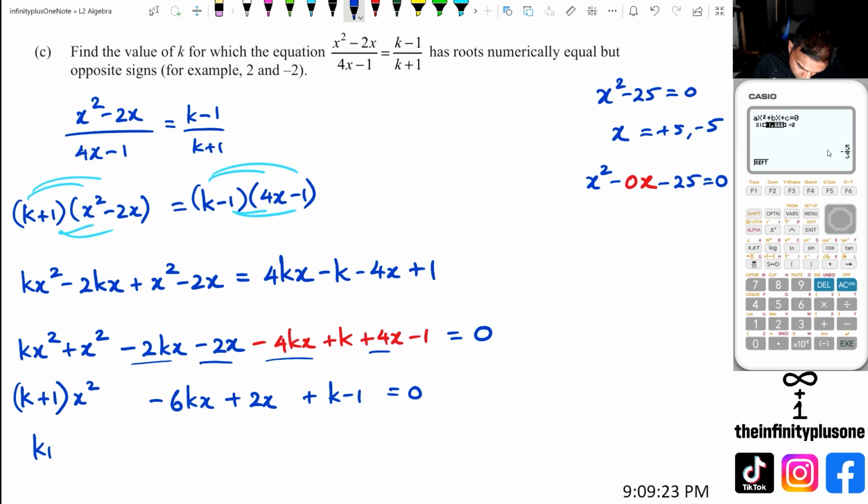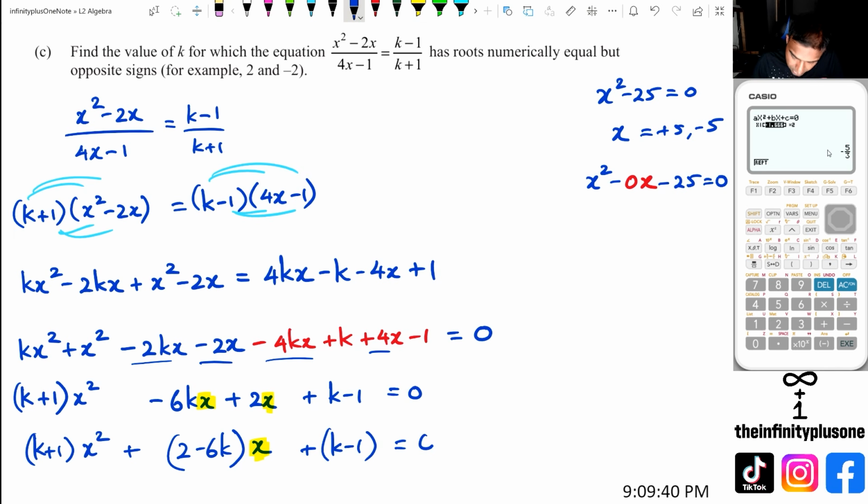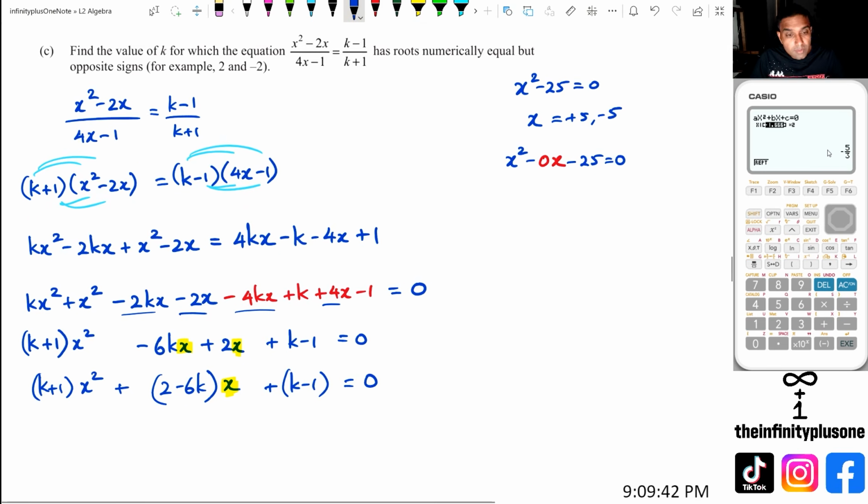So I've got k plus 1 x squared, and then plus 2 minus 6k x. So basically I've taken x here as a common factor, and then I'm going to get plus k minus 1 equals to 0.